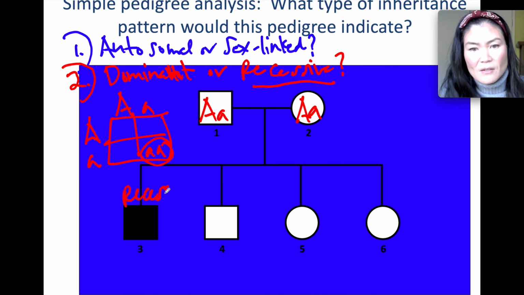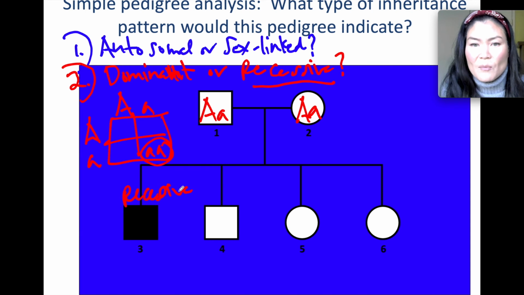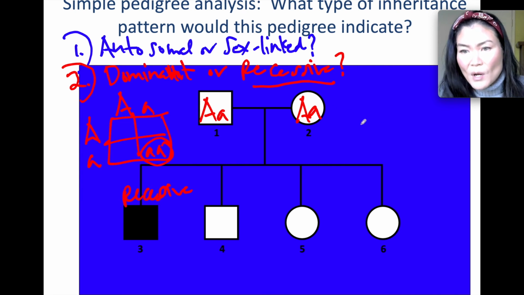It's recessive. We don't know if it's autosomal or sex-linked. From this pedigree, we can't really tell if it's sex-linked or not. Let me show you why. If it was sex-linked, the mom could be X little a X little a, or X big A X little a.